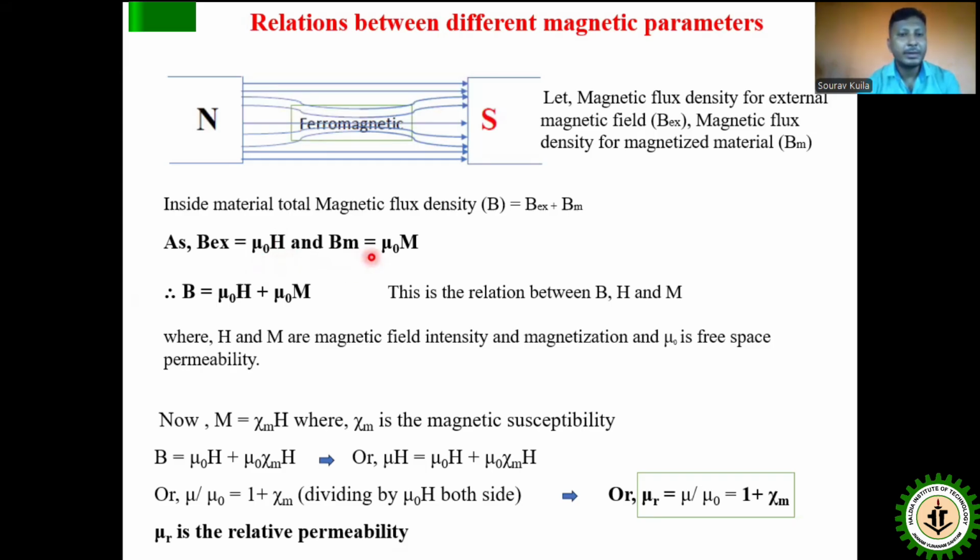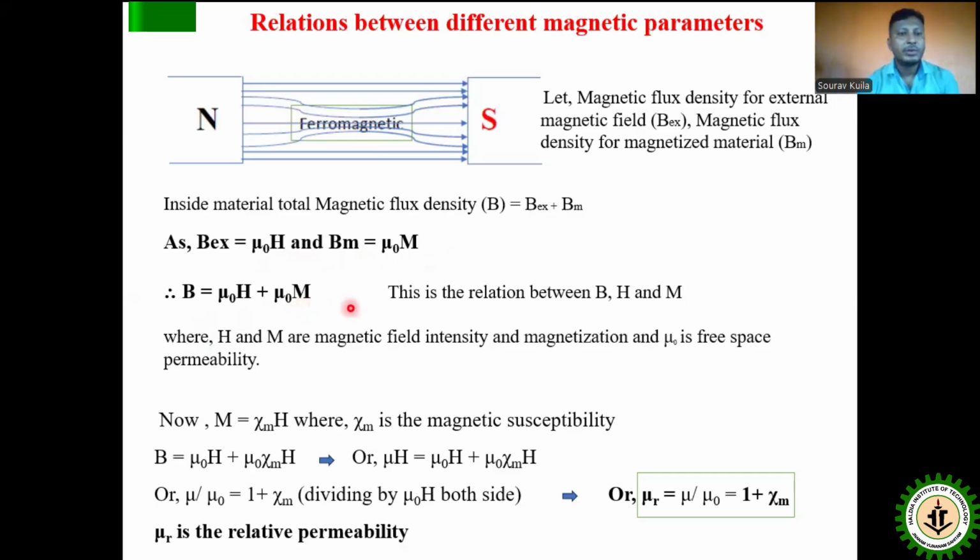And BM means the magnetic flux density for the magnetized material. For the magnetized material, the magnetic flux density equals mu zero times the magnetization, where M is the magnetization. So putting this value in this equation, we have B equals mu zero H plus mu zero M.